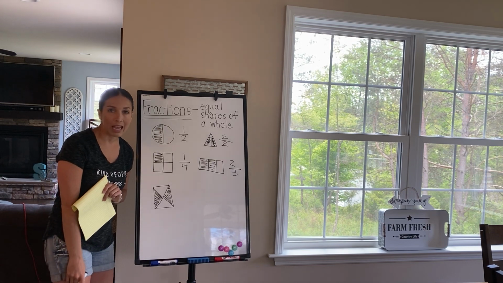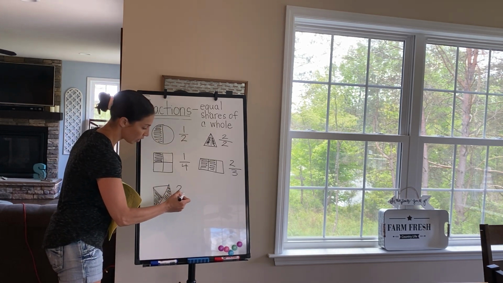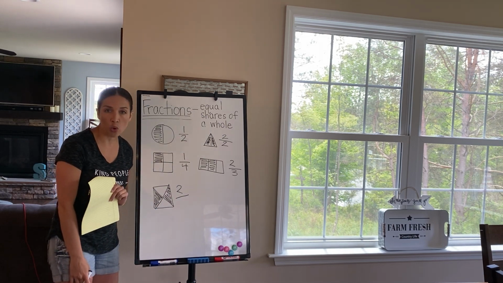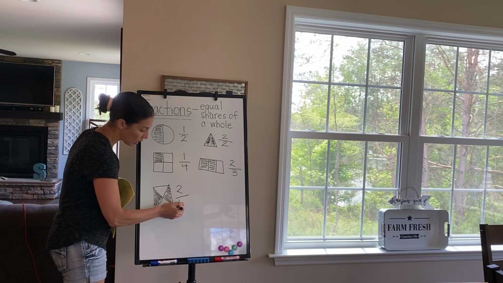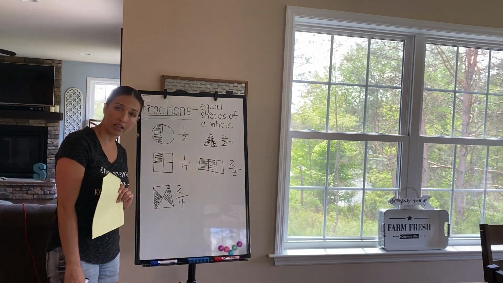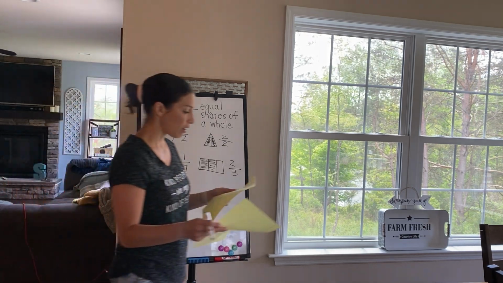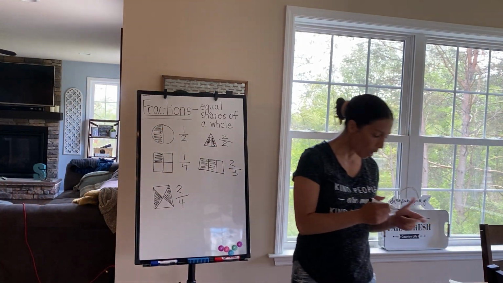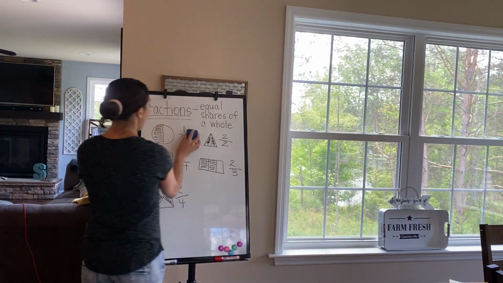Okay, how many pieces are shaded? 2. Over, how many total pieces are there? 1, 2, 3, 4. So 2/4 of the square is shaded. Okay, good.